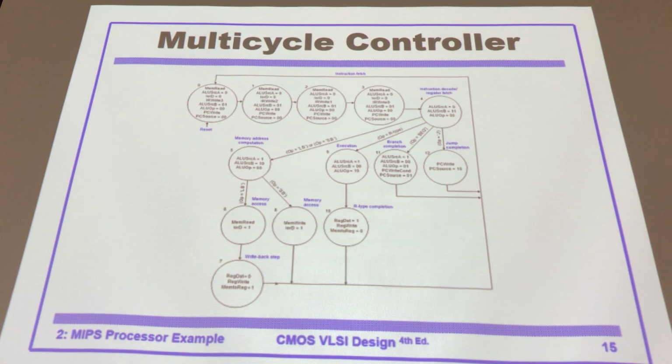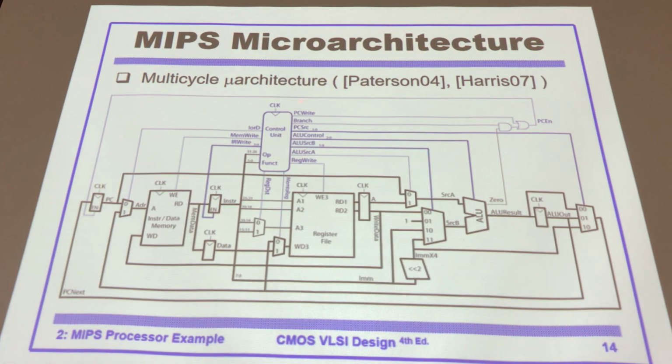And this is the finite state machine for the control unit. The control unit is here. The control unit is a combinational circuit that accepts the opcode, and also keeps track of what stage the instruction is in.